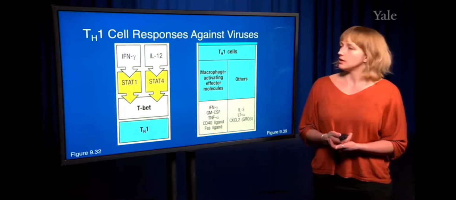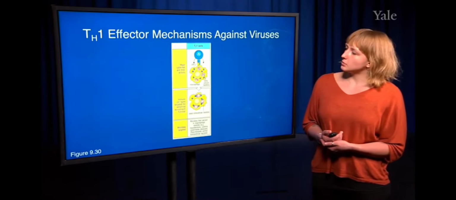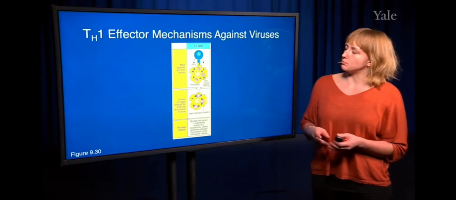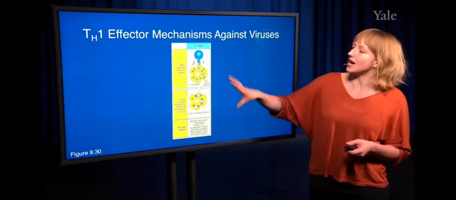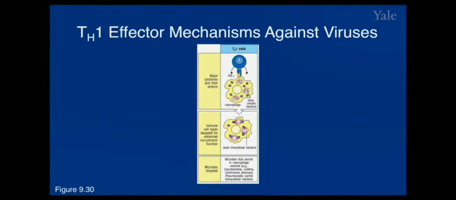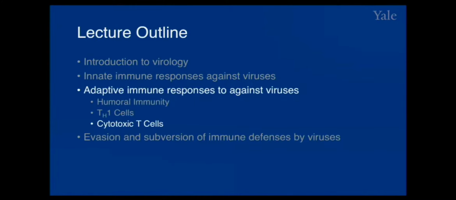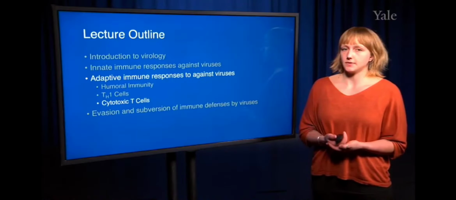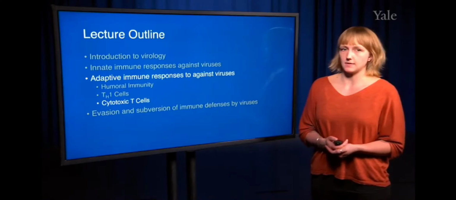As I said, what they majorly do is produce a lot of interferon gamma to really activate macrophages and stimulate their intracellular degradation of intracellular pathogens, be they intracellular bacteria or viruses. Cytotoxic cells are also very critical in the response against intracellular pathogens, including viruses.